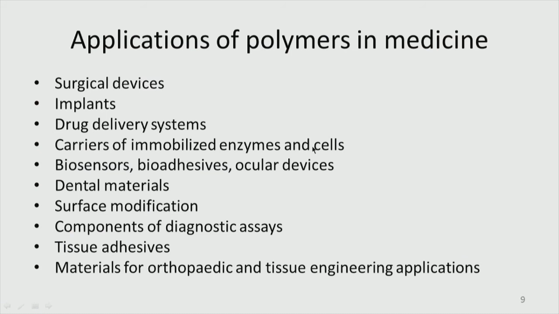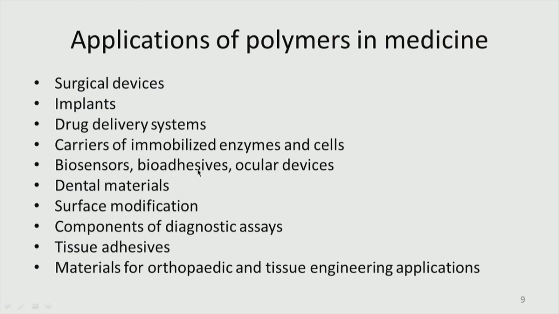So, we can have delivery systems, we can have immunomodulators and other growth factors which need to be delivered, very targeted drug delivery to particular cells, maybe cancerous cells or tumors, then polymers are very important. Biosensors. Okay. So, we can have biosensors made up of polymer, bioadhesives.